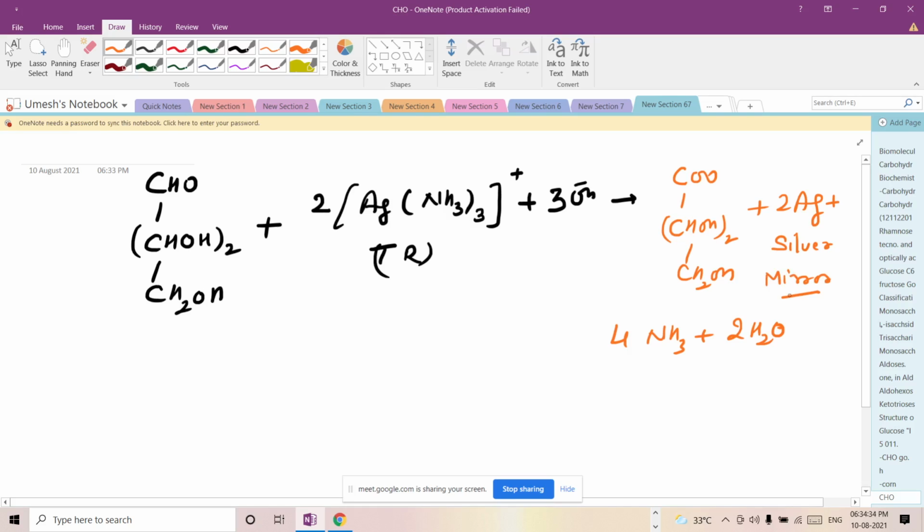This silver mirror formation along the side of the test tube indicates that the molecule has an aldehyde group.